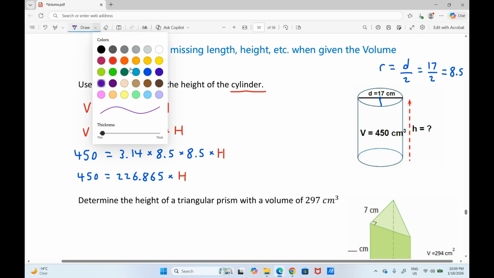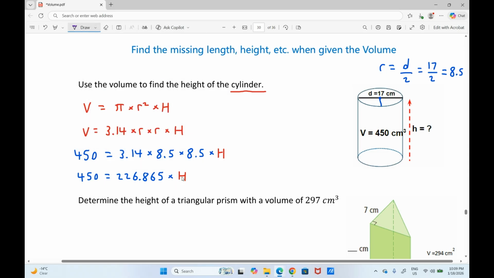To solve the equation, since I want to isolate h by itself, and h is being multiplied by 226.865, I'm going to start by dividing 226.865 to this side. But what I do to one side, I have to do to the other side. Because I divided 226.865 times h by 226.865, I have to do it to the 450 as well.